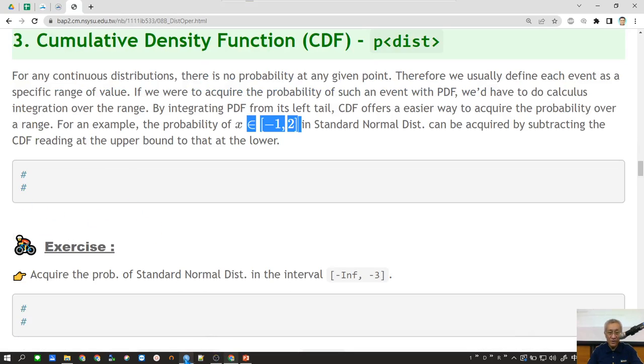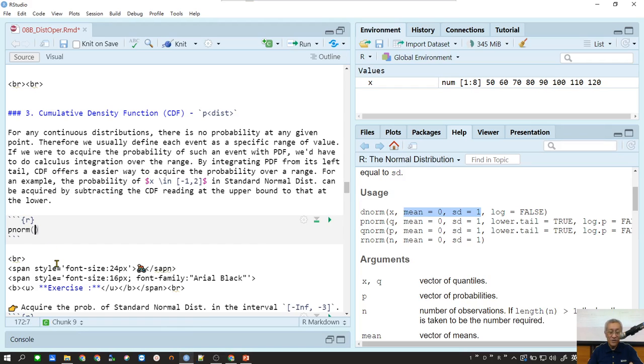Oh, sorry. So this is 2, isn't it? Because it is standard normal, you no longer need to put the mean and standard deviation. It's already the default. And then what? Anyone? Louder. Minus P norm of -1, isn't it?